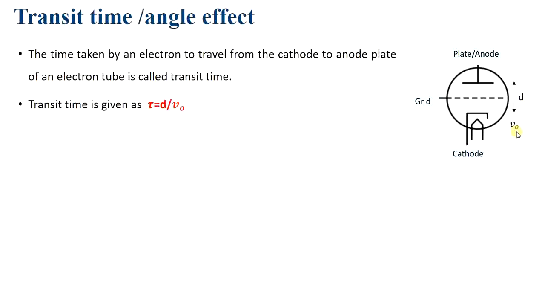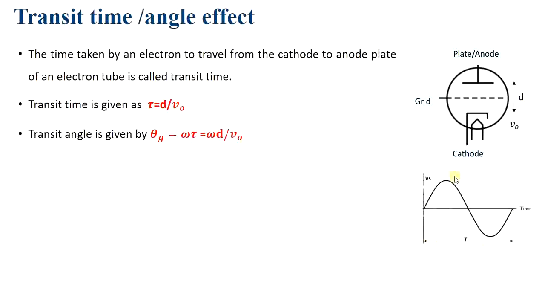So the transit time is given as τ = d/v0, and the transit angle is given as θg = ωτ = ωd/v0.